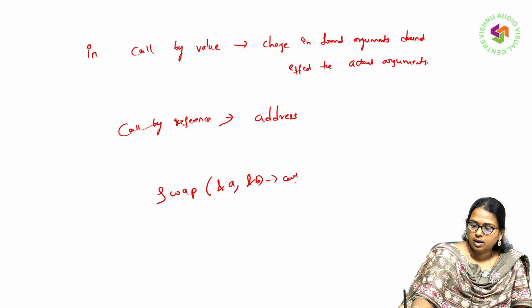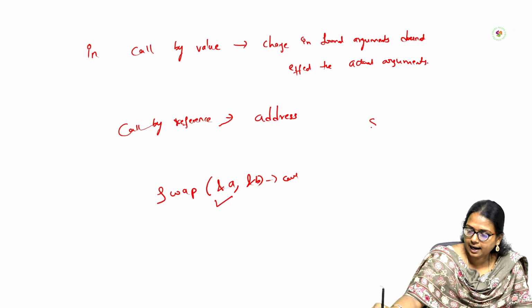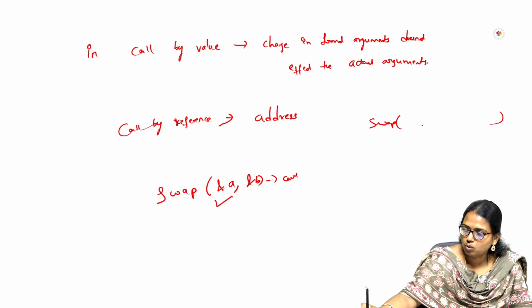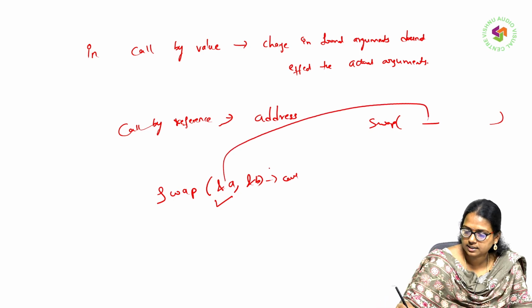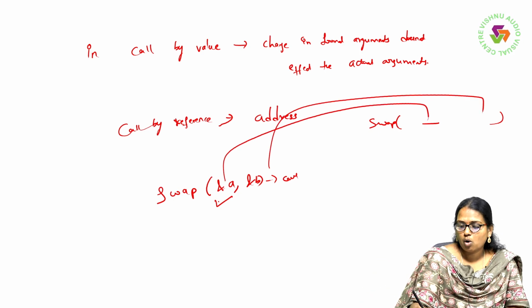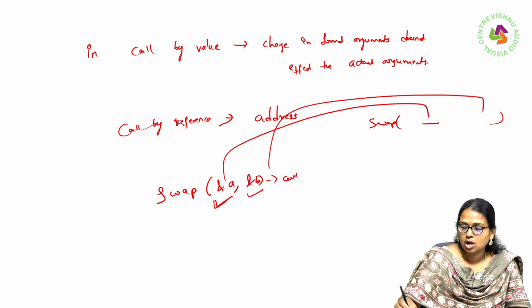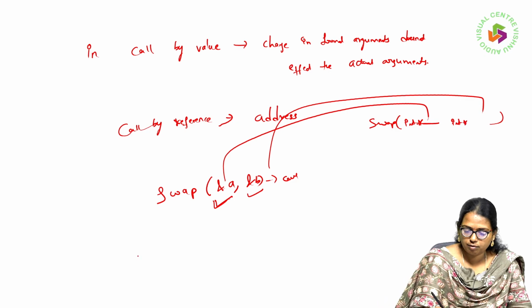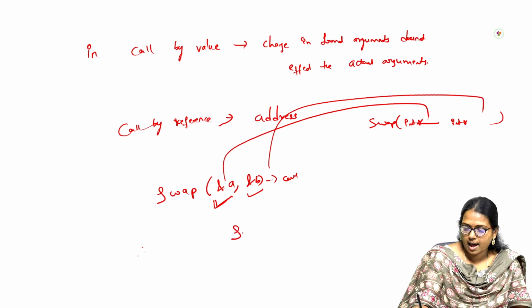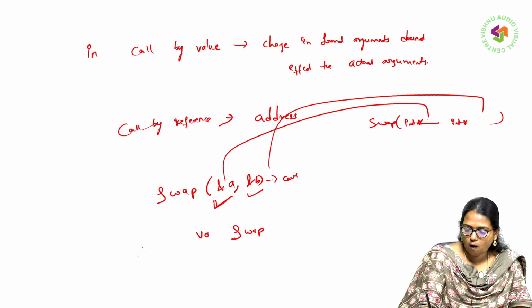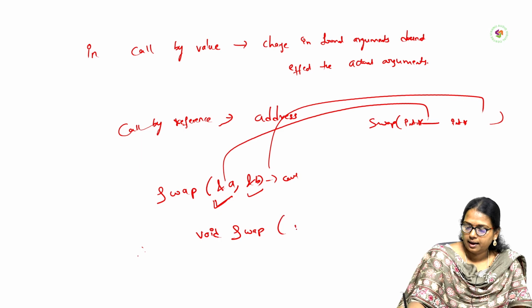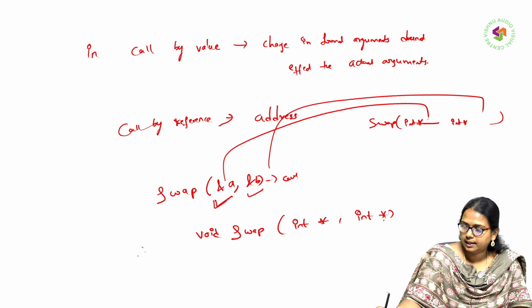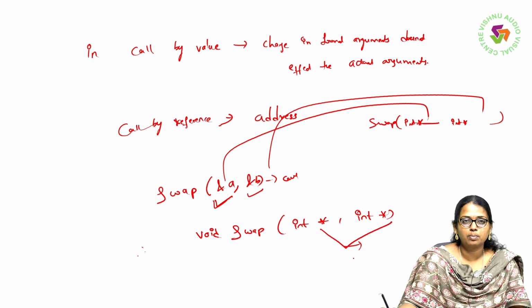This is a call. When it is called, at the time of definition, two variables will store these addresses, right? If you want to store these addresses, the arguments should be pointers. Therefore, the swap function prototype will be void swap(int *, int *). Why pointers as arguments?